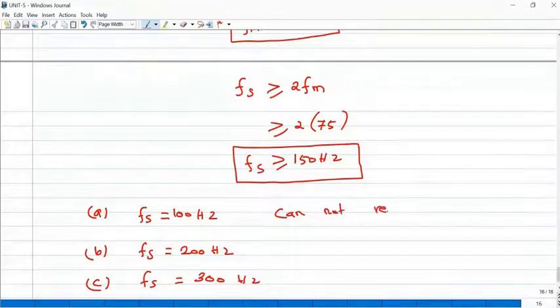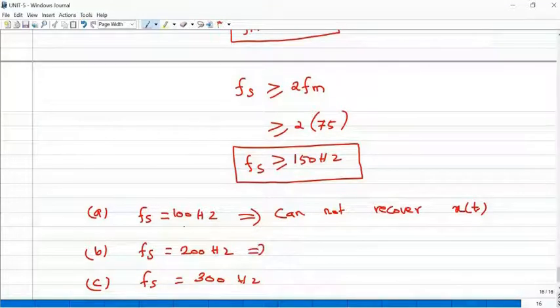So option A, cannot recover x of t at this sampling rate, because 100 hertz is less than 150 hertz as per the Nyquist rate.